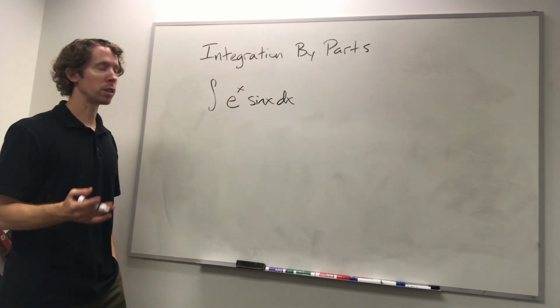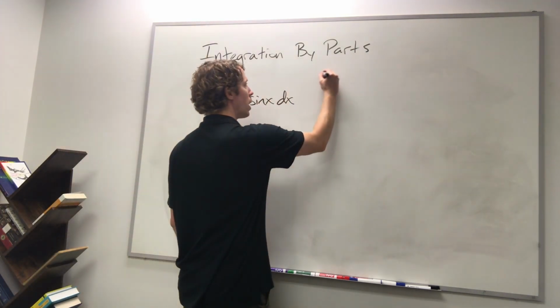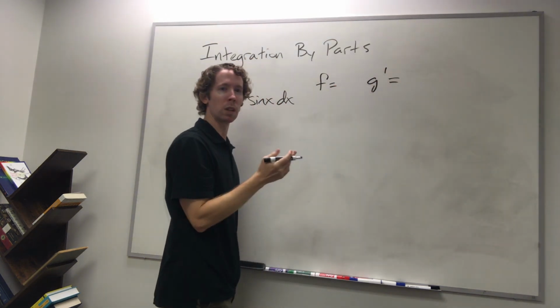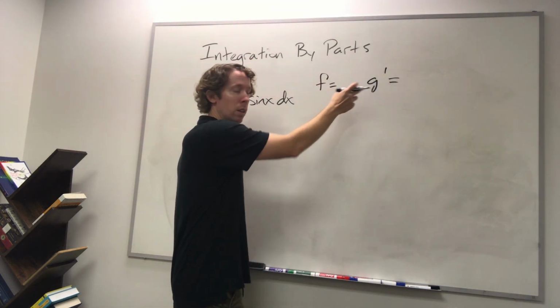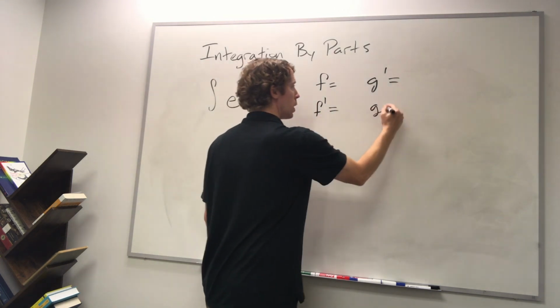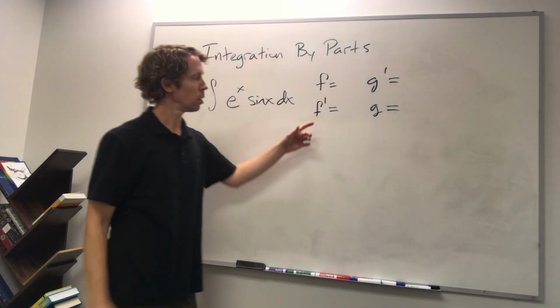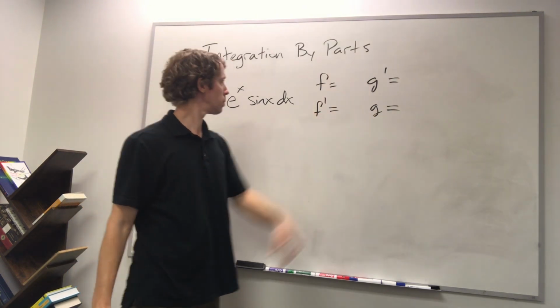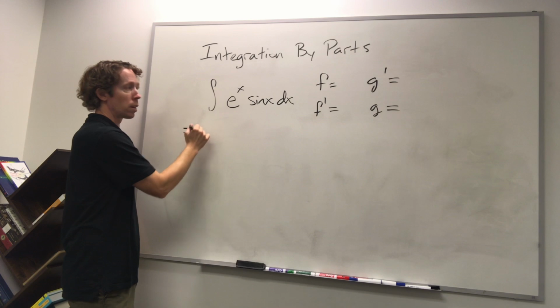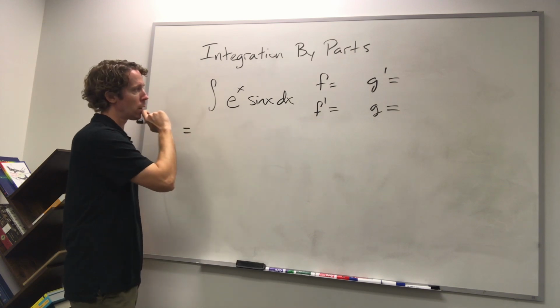For me, I'm going to think of this as f's and g's, so I'm going to choose an f and a g prime, or equivalently I could choose a u and a dv, and then from that I'll calculate f prime and g, or du and v, and then integration by parts will tell me how I can simplify this.